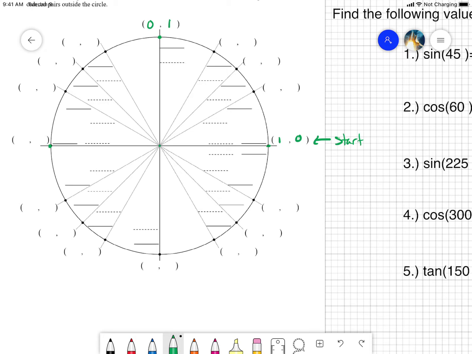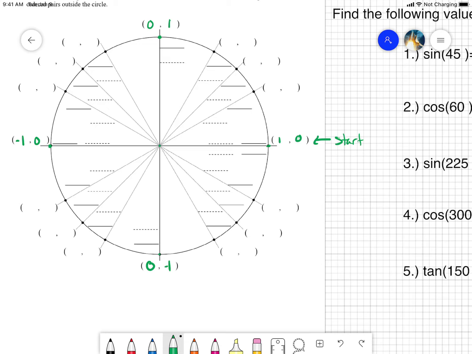So this is to the left along the x-axis 1 unit. So we go -1, and then it doesn't go up or down, so it's -1, 0. And likewise for this point, we don't move anywhere along the x-axis, but we go down 1 unit on the y-axis. Okay? So those are 4 points that we know right there.